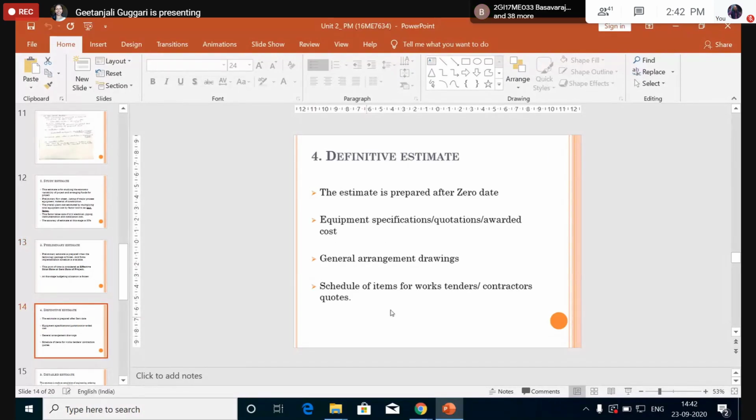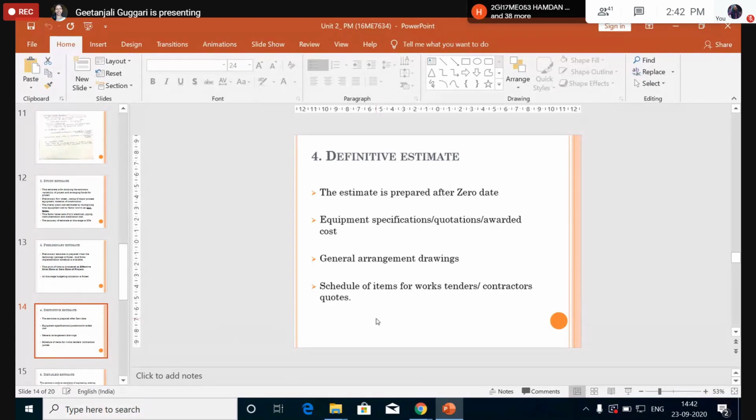So the next phase is definitive cost estimation. This estimation is prepared after the zero date, after the project starts, when the detailed engineering of the project is advanced.